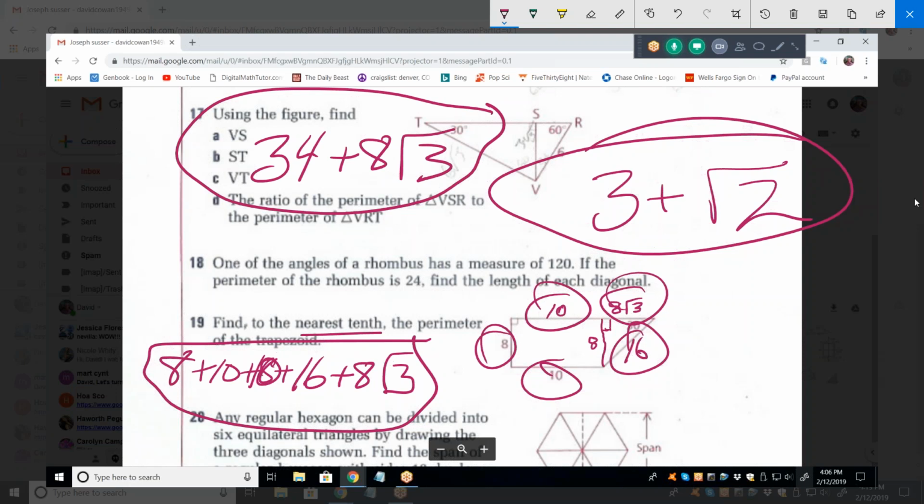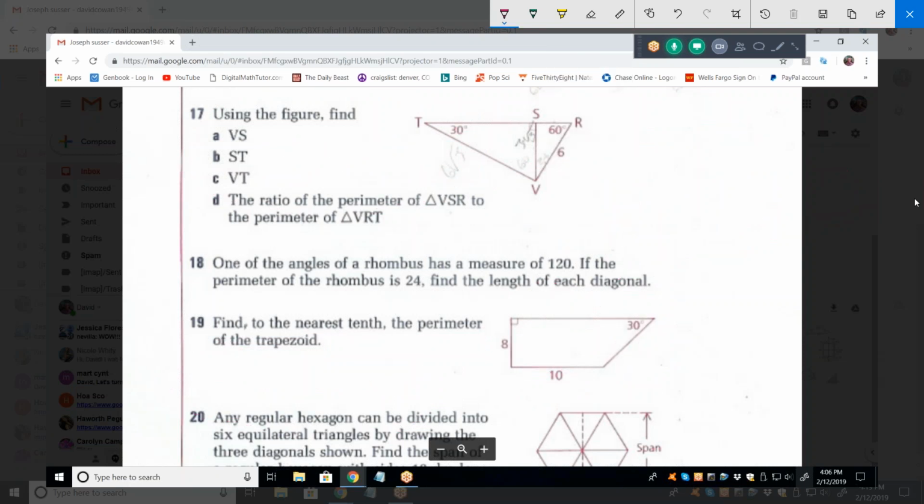Now, it's a little bit different if I'm building a garden, okay? And I'm building a garden and I need these dimensions and I have to go out and measure it with a ruler. Well, then I'm going to round it off to a number. I don't have any way on my ruler to do square root of 3. So problems like that, for sure, you round it to the nearest tenth or hundredth or whatever.